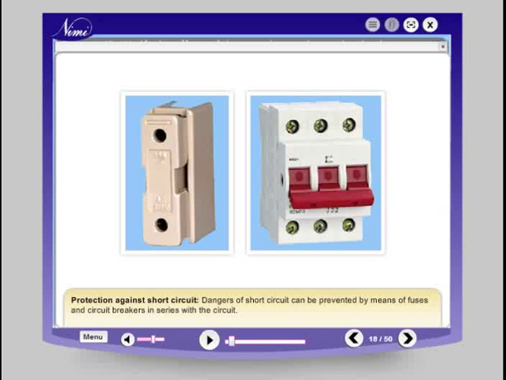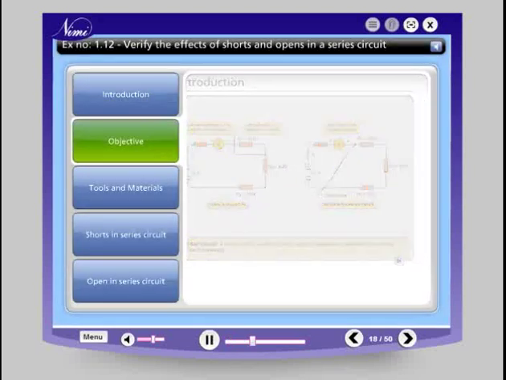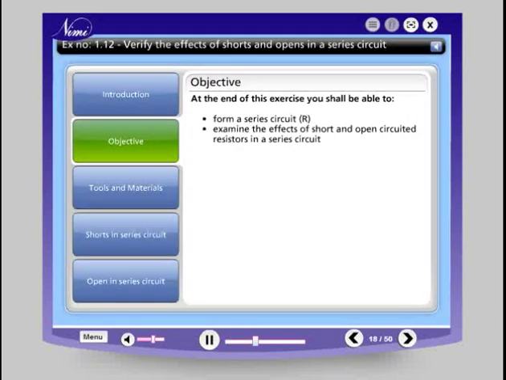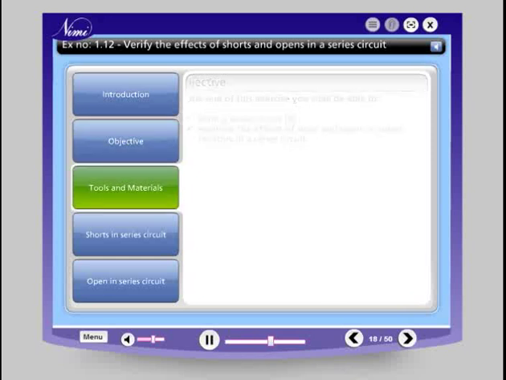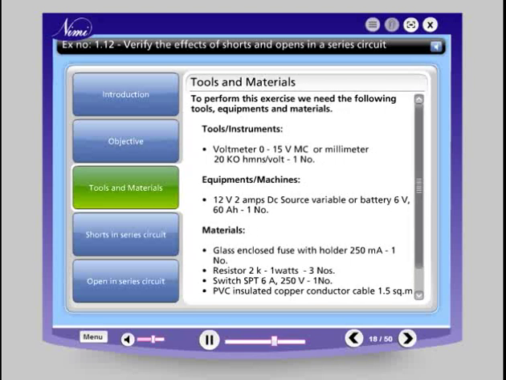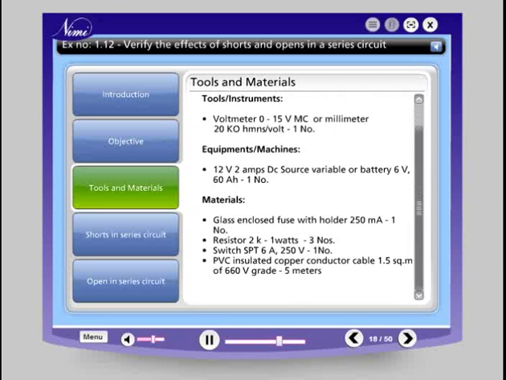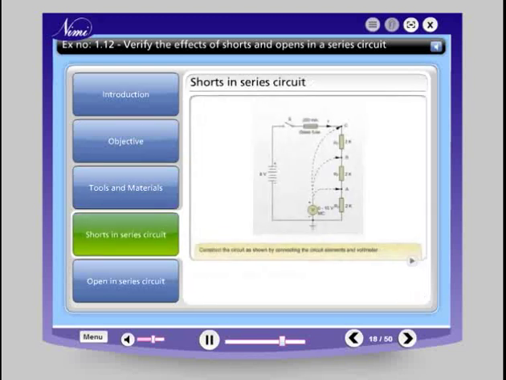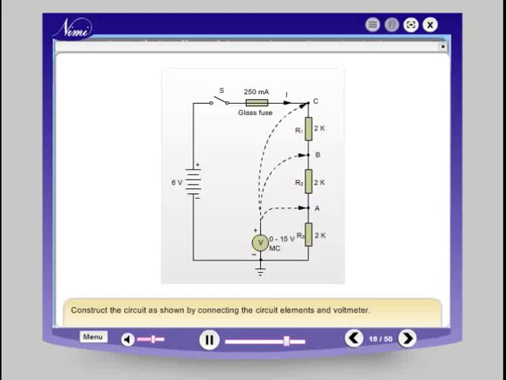Series circuit. Examine the effects of short and open circuited resistors in a series circuit. Construct the circuit as shown by connecting the circuit elements and voltmeter.